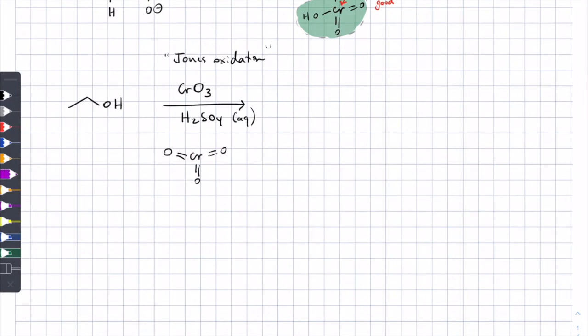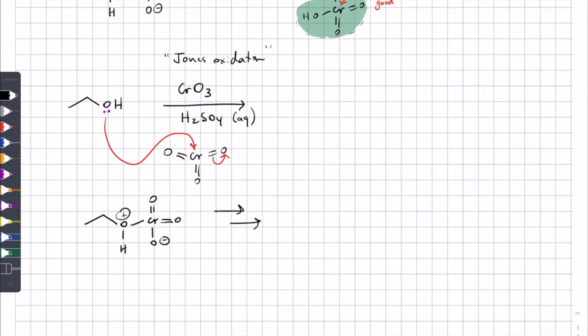The first step involves, again, as with PCC, lone pairs attacking the chromium, only this time we're going to break a chromium-oxygen pi bond. That's going to get us to exactly the same place as we were previously with the oxidation using PCC.